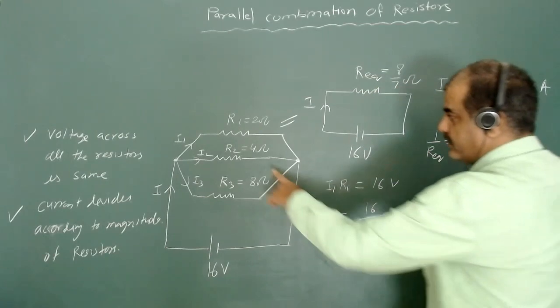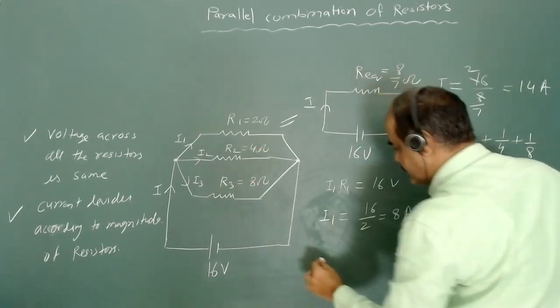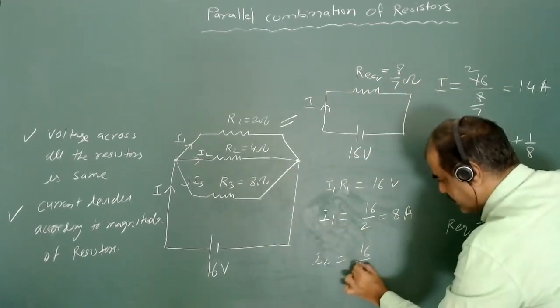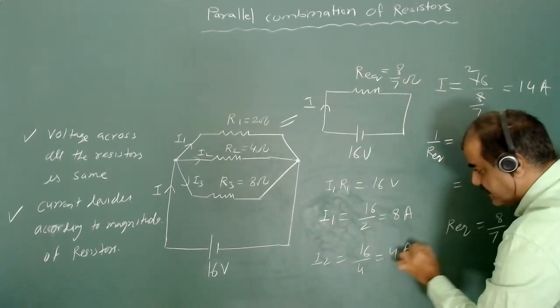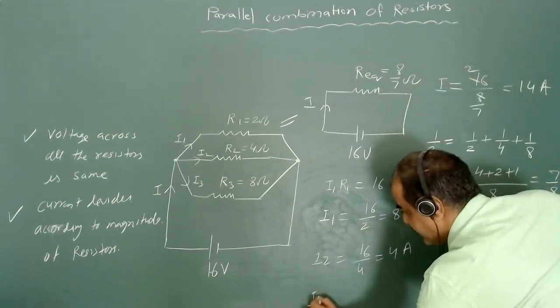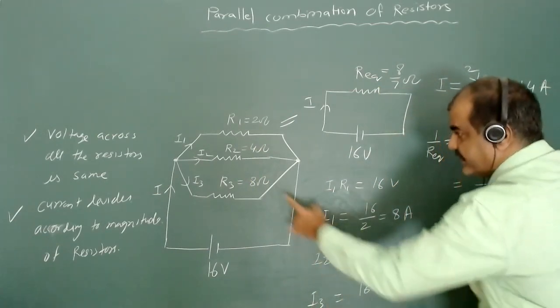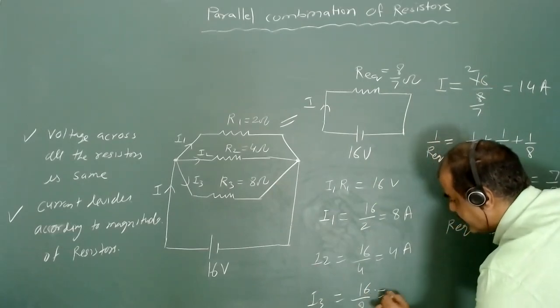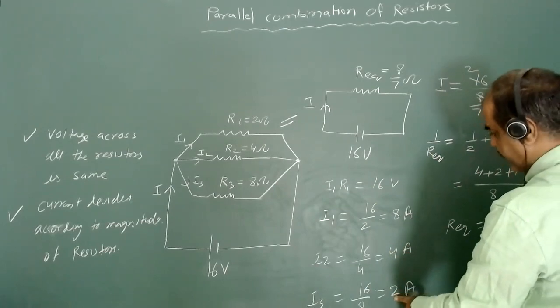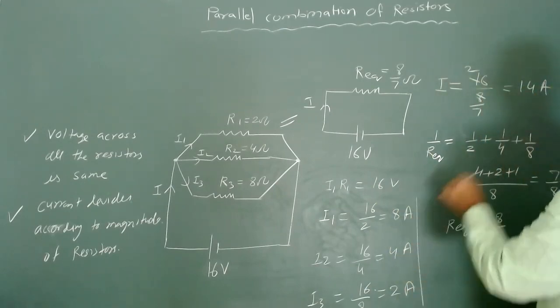Now I2 will be 16 upon 4, that is 4 ampere, and I3 will be 16 volt divided by the resistance R3, 8, that is 2 ampere. So 8 plus 4 is 12, and 2 makes 14. The total current is 14 ampere.